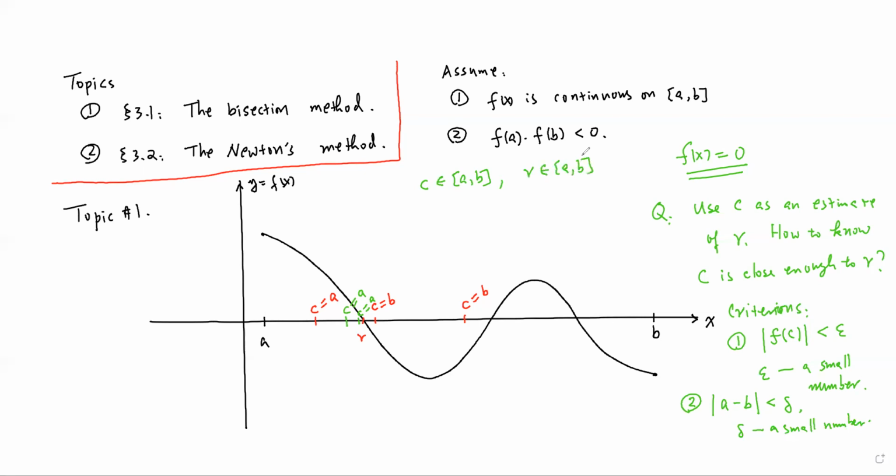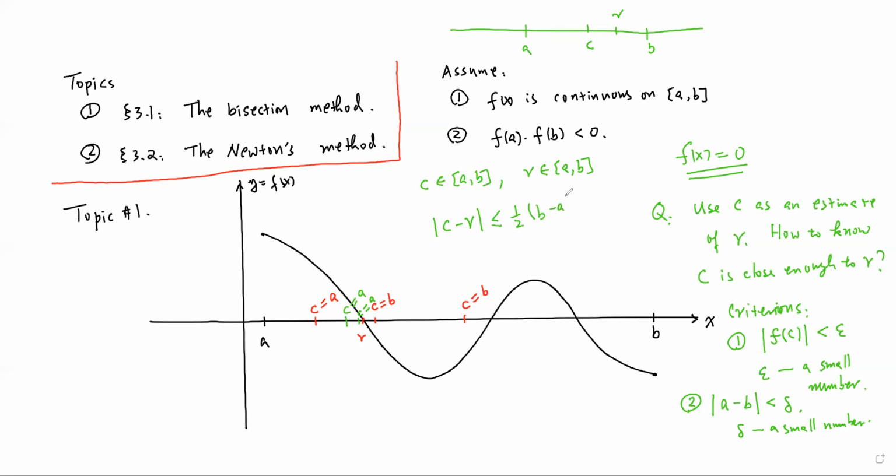If you draw a number line, AB here, midpoint here, root is here, then we can see that the absolute value of C minus r, the distance of C from the root r, is not greater than 1/2 of the length of the interval AB, B minus A, from this diagram, right?